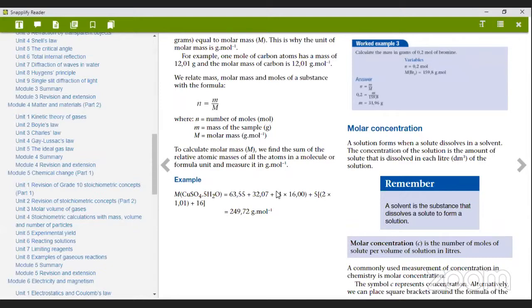Okay, molar mass is the mass in grams of a mole of a substance. Using the atomic mass of an element and multiplying it by the conversion factor grams per mole, you can calculate the molar mass of the element.